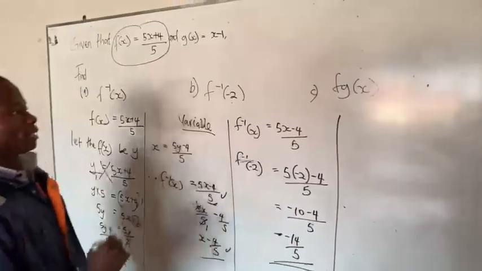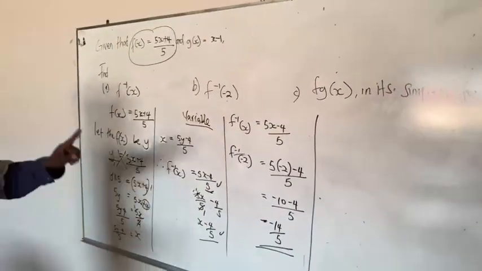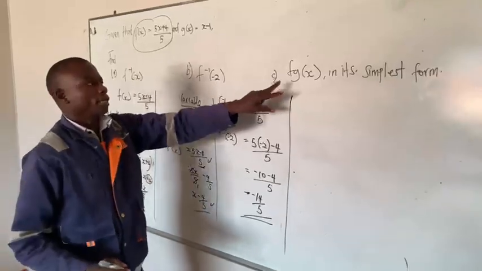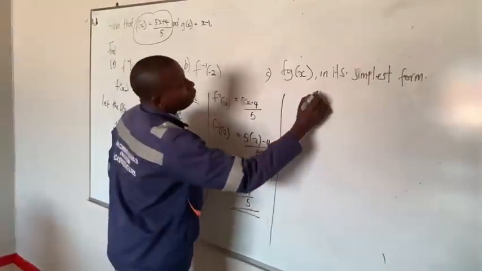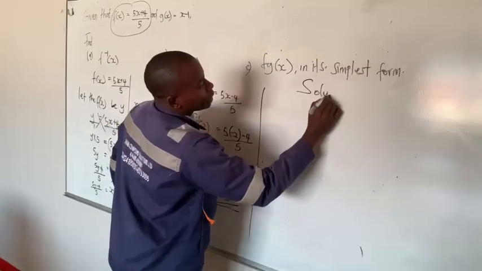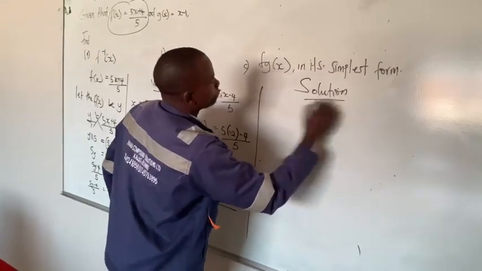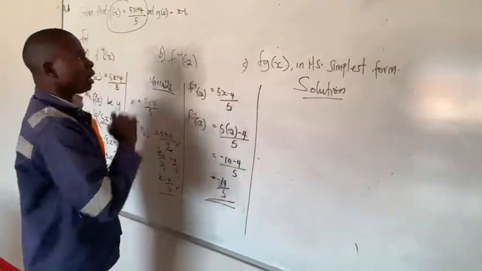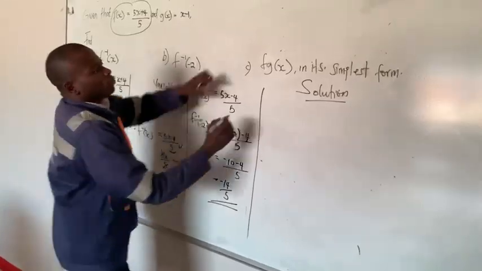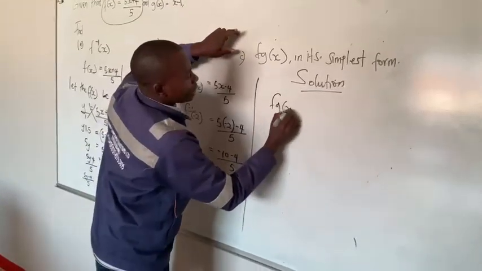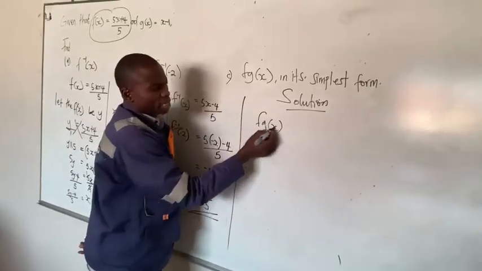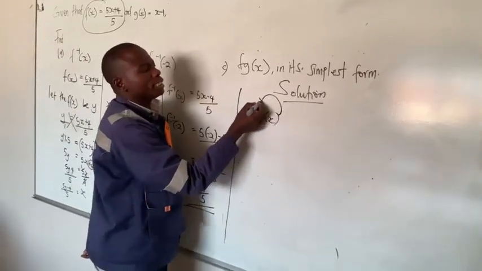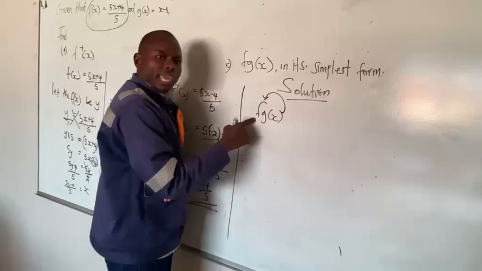Now I come to the last part. The last part says find f(g(x)) in its simplest form. So don't forget the word solution. If I have f(g(x)), it means that the g(x) is going to be swallowed by f.